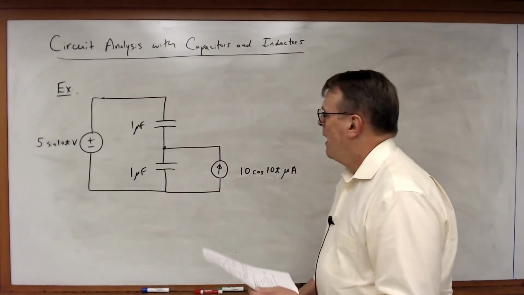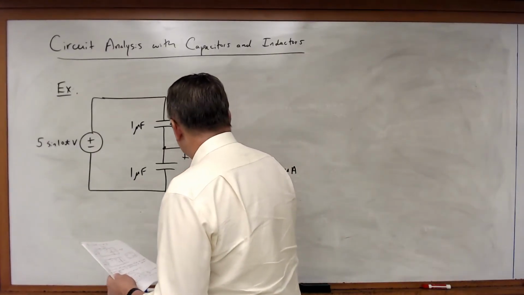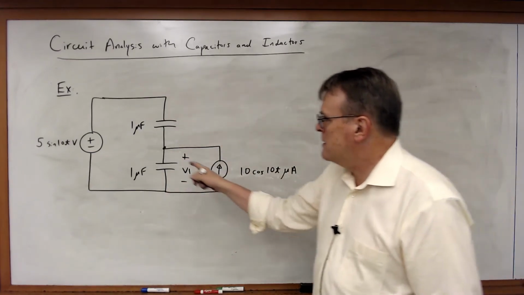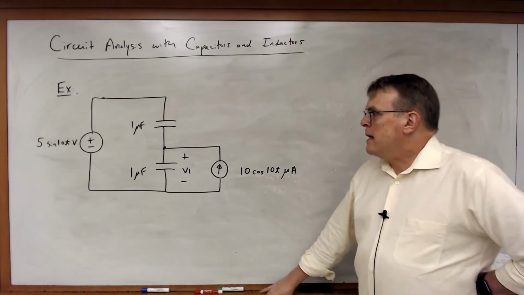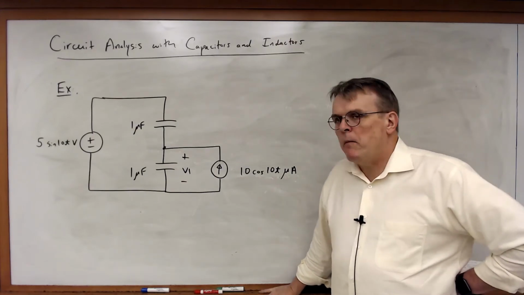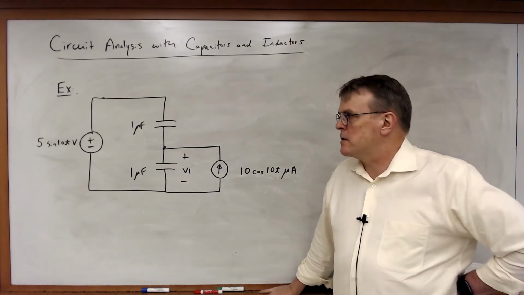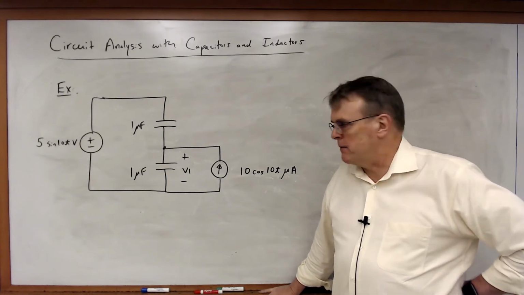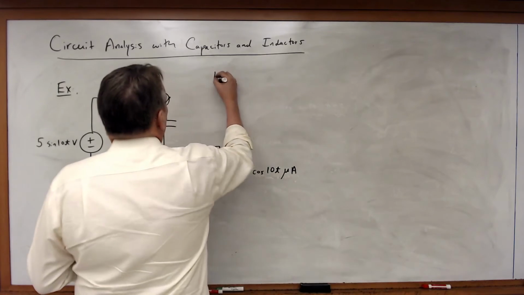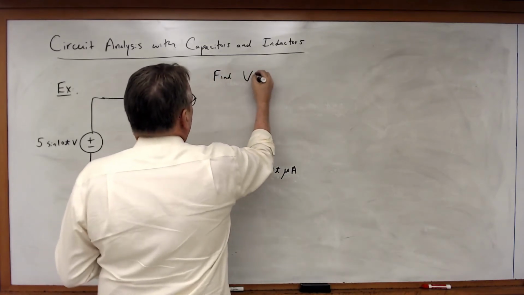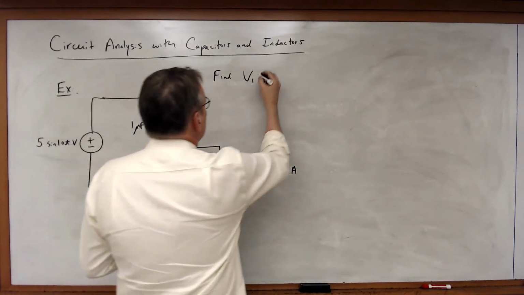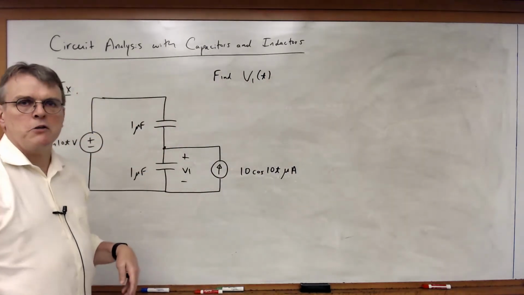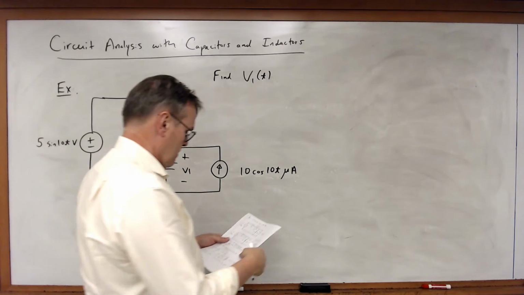Okay. I want to find the voltage V1 across this capacitor. And notice in this case, the voltage and the current are both sinusoidal functions, sine and cosine of 10t respectively. And I want to find V1 of t. And I'm going to assume there's no initial condition in either of the capacitors.